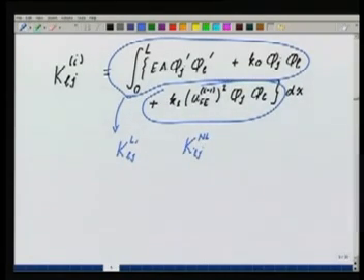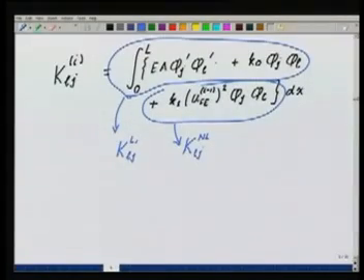Okay, this part. So always my stiffness matrix will have the linear part and the nonlinear part. Now, the question is, this part is very easy, we have already done it many times in our 1D analysis. How do I take care of the nonlinear part?